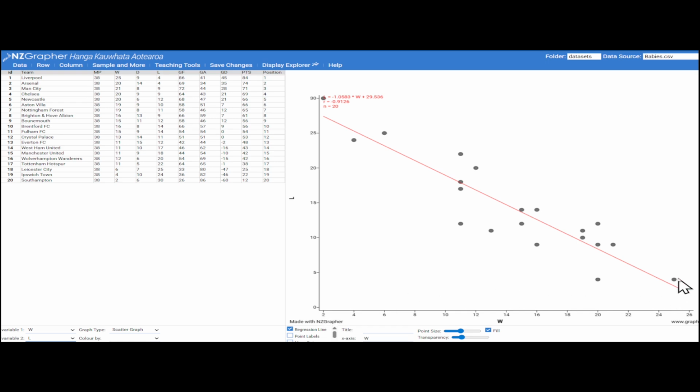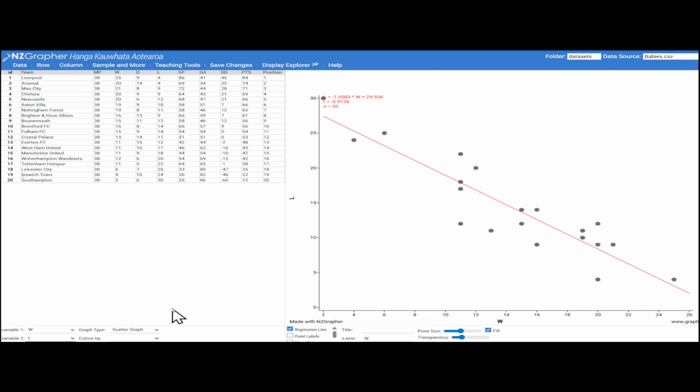And down here at the other end of the table is going to be Liverpool. So not only did Liverpool win lots of games, they lost not many games, because you can win, lose, or draw. Is the correlation strong? It's reasonably strong, but notice it's not quite as strong as the other ones.